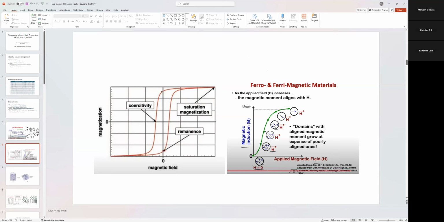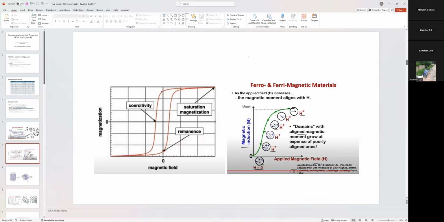And after reaching a maximum, where all the domains are now pointing in the direction of the magnetic field, all the domains are aligned with the magnetic moment, you reach a saturation point.